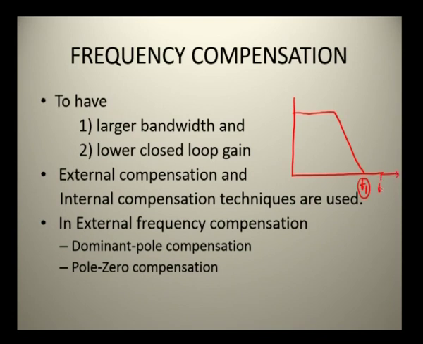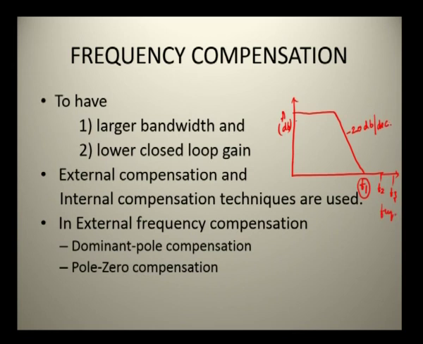So, these are the corner frequencies we already have in the circuit, and this is the gain in dB, and this is the frequency. So, here what is the roll off rate? It is minus 20 dB per decade.